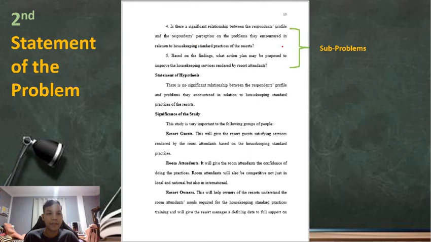Number 4, is there any significant relationship between the respondents' profile and their perception on the problems they encountered in relation to housekeeping standard practices of the resorts? And based on the findings, what action plan may be proposed to improve the housekeeping services rendered by resort attendants?